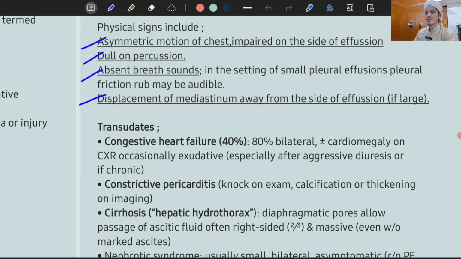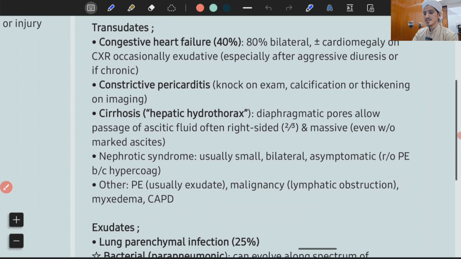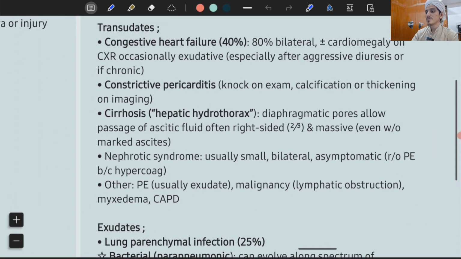So that's one type of classification of causes of pleural effusion: common causes and uncommon causes of pleural effusion. Depending upon whether it is transudate or exudate, we can have different causes of pleural effusion. Now we will discuss those causes. The first one is transudates. Most common cause is congestive heart failure, 40% of the time. 80% it is bilateral.